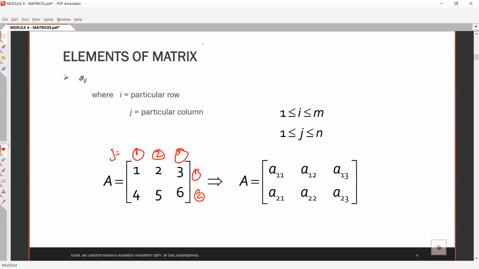So, this is A11. Okay? This one is A12. Dito is A21, A22, A13, and A23. Okay. So, ito yung pag-denote ng elements of a matrix. Nilalagay natin siya as A sub ij.